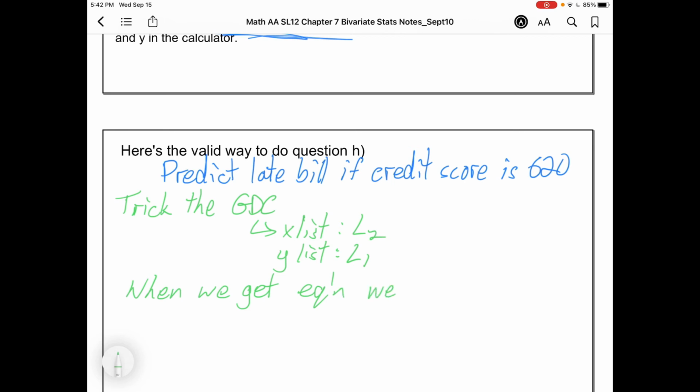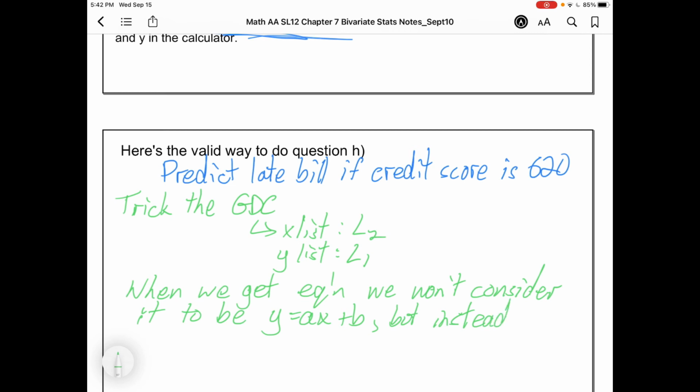We won't consider it to be y equals ax plus b, but instead it will be x equals ay plus b, because we've just switched everything around in the calculator.